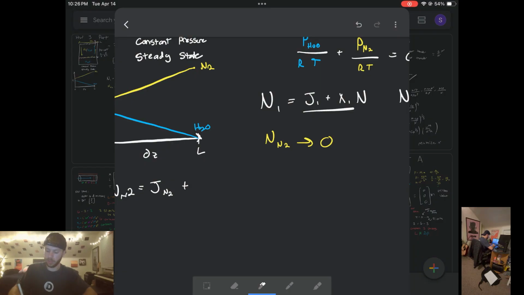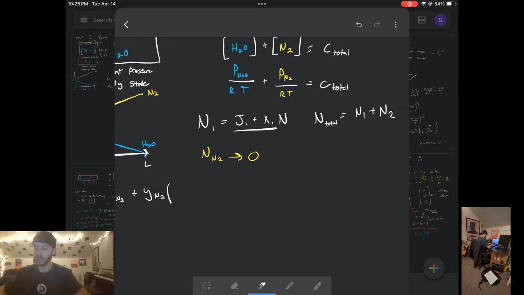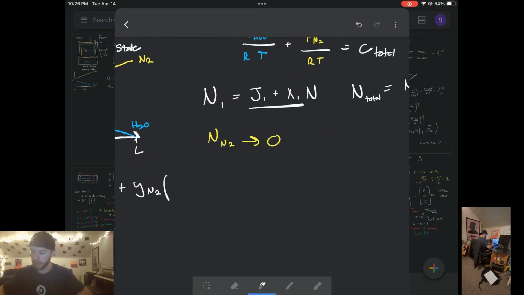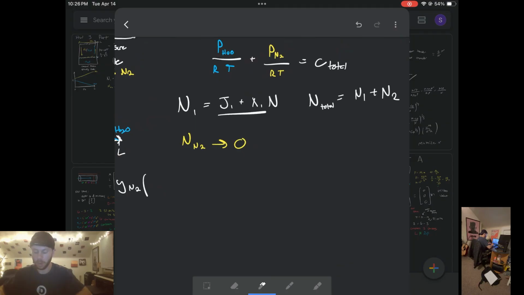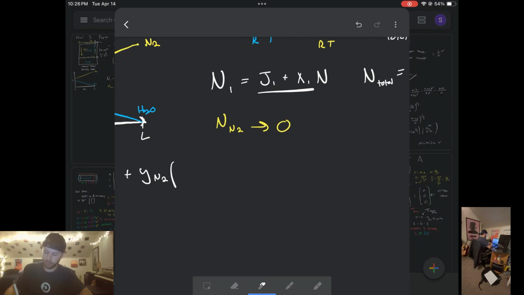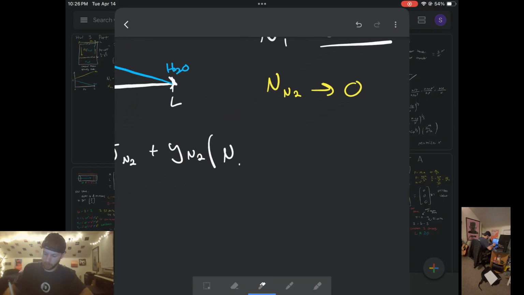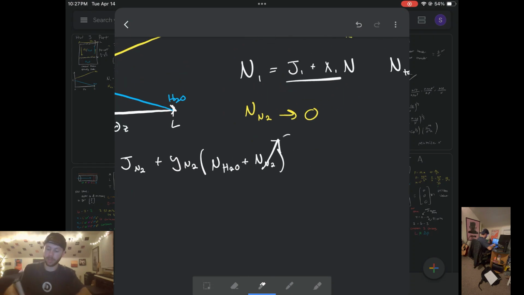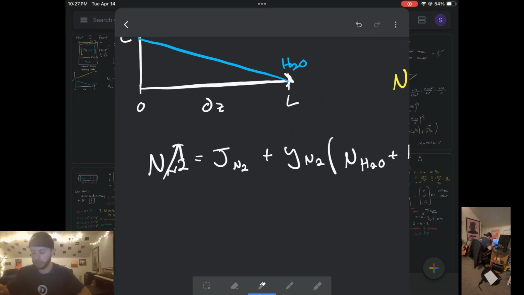So we'll use Y for that, times our total flux, which we said is equal to the total flux of our water plus the total flux of our nitrogen, in which we know the total flux of our nitrogen will be 0.